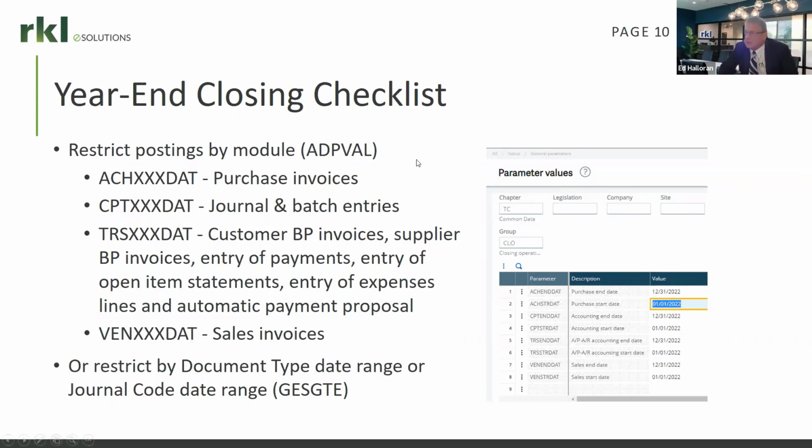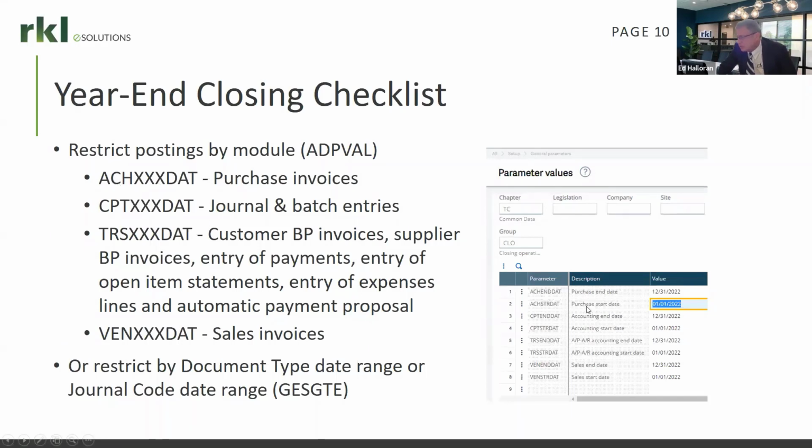And you do that under setting parameter values. In the common data closing operations, you have these 8 parameters where you can limit the postings to these modules if you don't want to close out the year yet or the month.